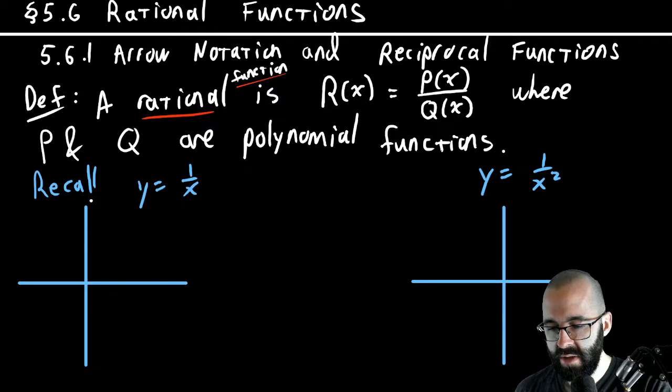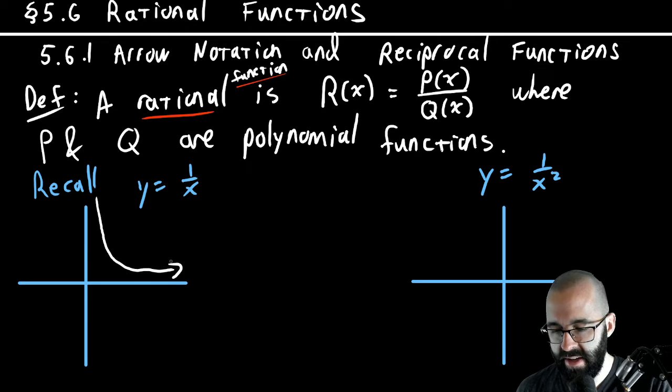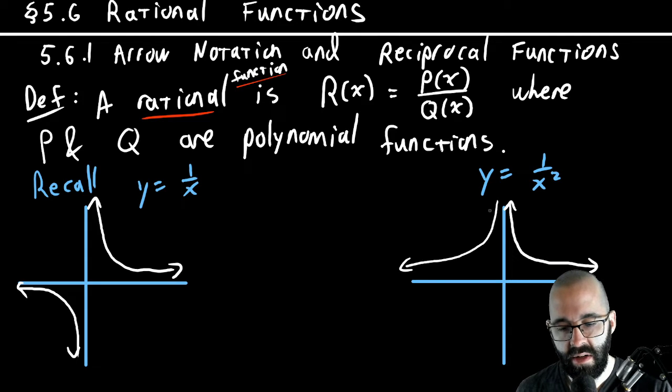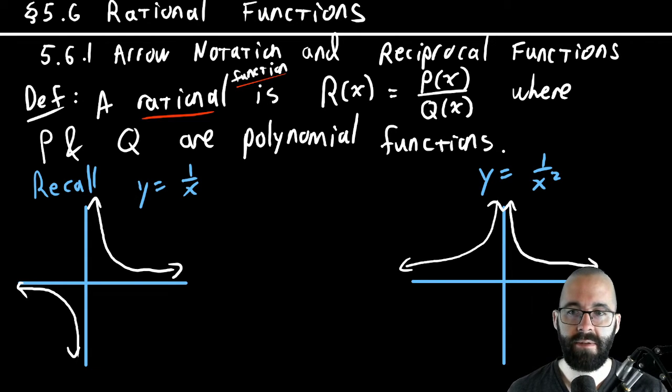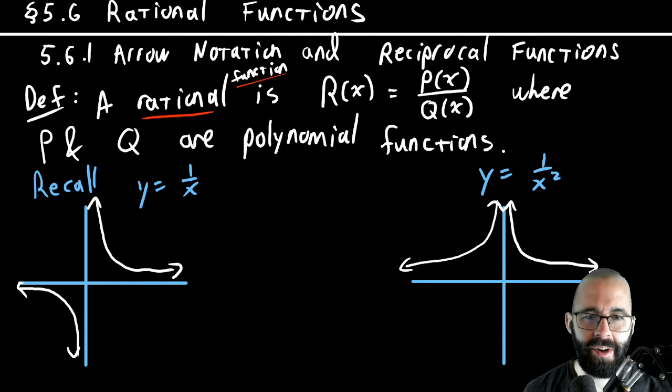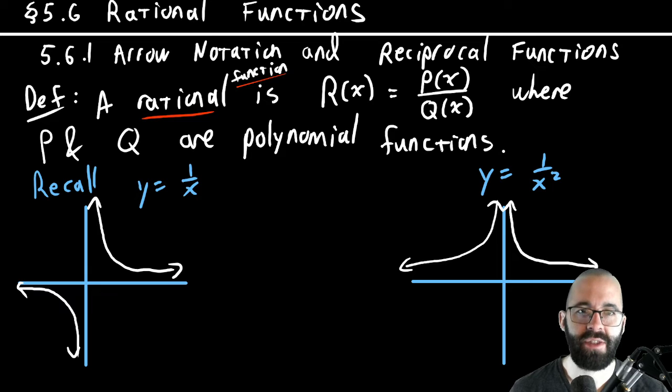The reciprocal function is kind of like this shape. And the reciprocal squared function is actually very similar, but it's positive on both sides. All right, so these are pretty bad drawings, but that's the idea. That's the shape of these reciprocal functions and the reciprocal squared functions.